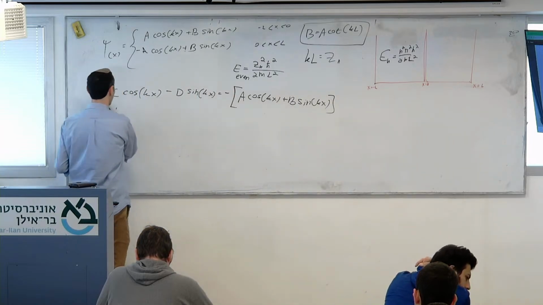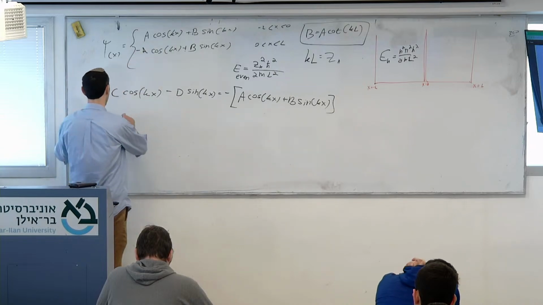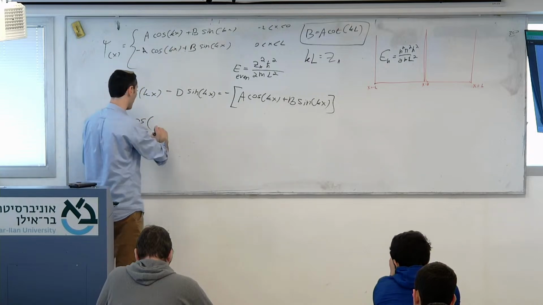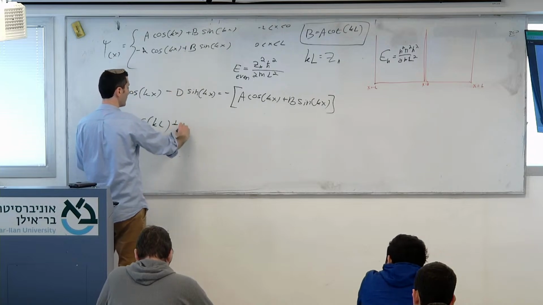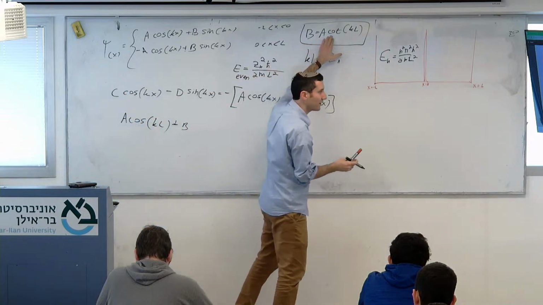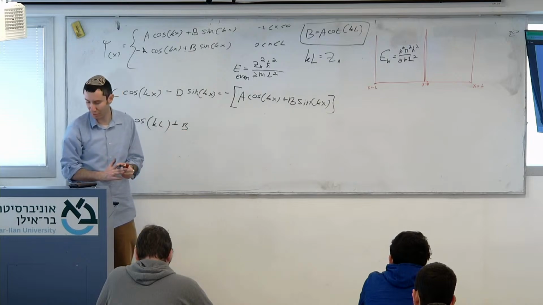Now again, I want to make sure that the boundary condition is kept at the left-hand side. On the left-hand side, I'm going to plug in minus L. A cosine of minus KL, I'm going to write just KL, plus B. Hey, this didn't change. I can still just write B is A cotangent KL, right? The next two are still going to be the same.